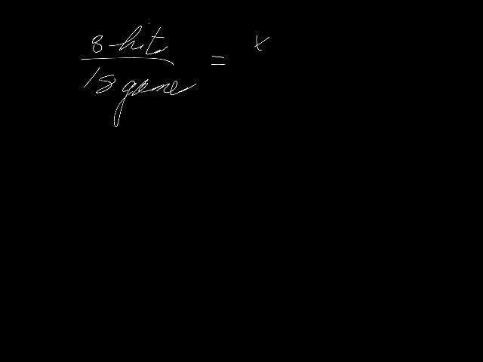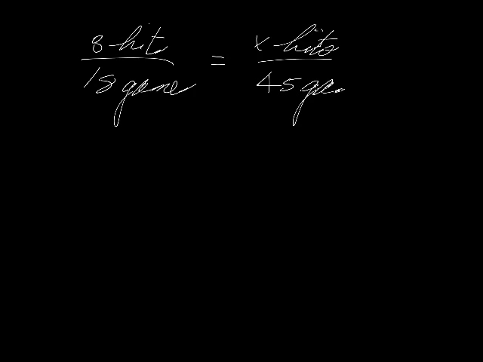If you look at example 2, talking about sports, a ball player gets 8 hits in 18 games. If he continues at the same rate, how many hits will he get in 45 games?